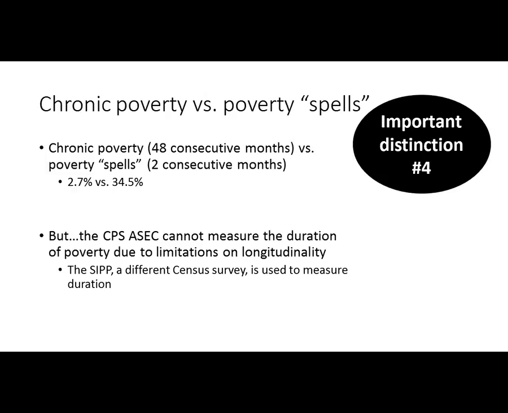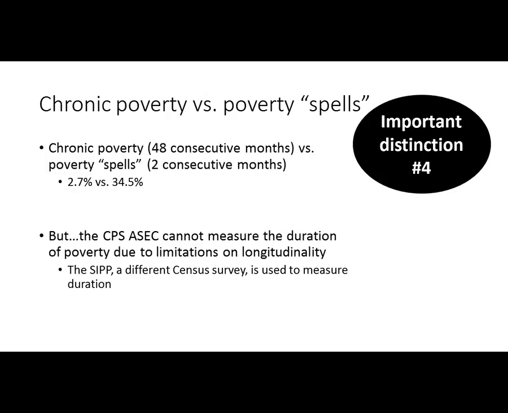And what we learned from the Census Bureau's report is that chronic poverty, 48 consecutive months of a household being officially poor, is pretty rare. Only 2.7% of households experienced chronic poverty. Whereas poverty spells are actually pretty common. More than 1/3 of American households had a poverty spell in the most recent Census Bureau report on income and poverty.